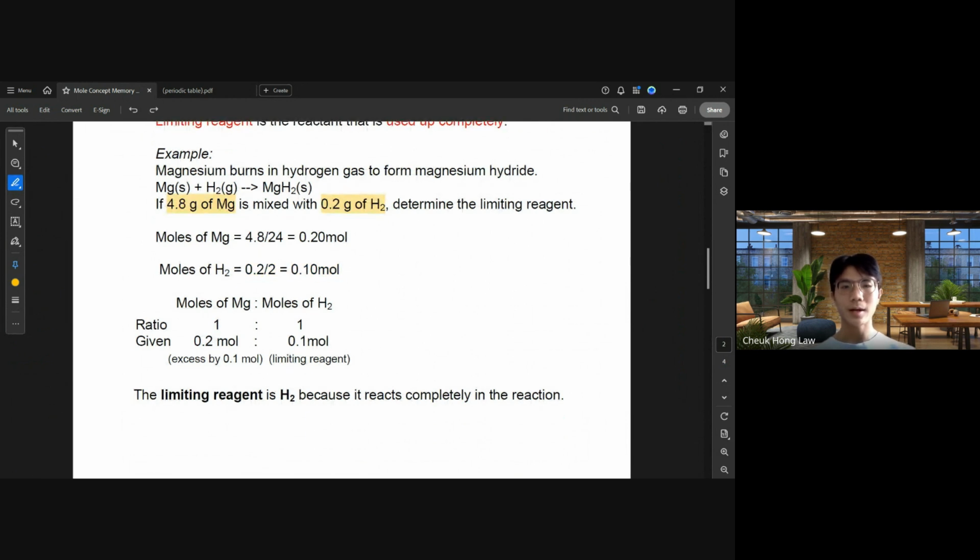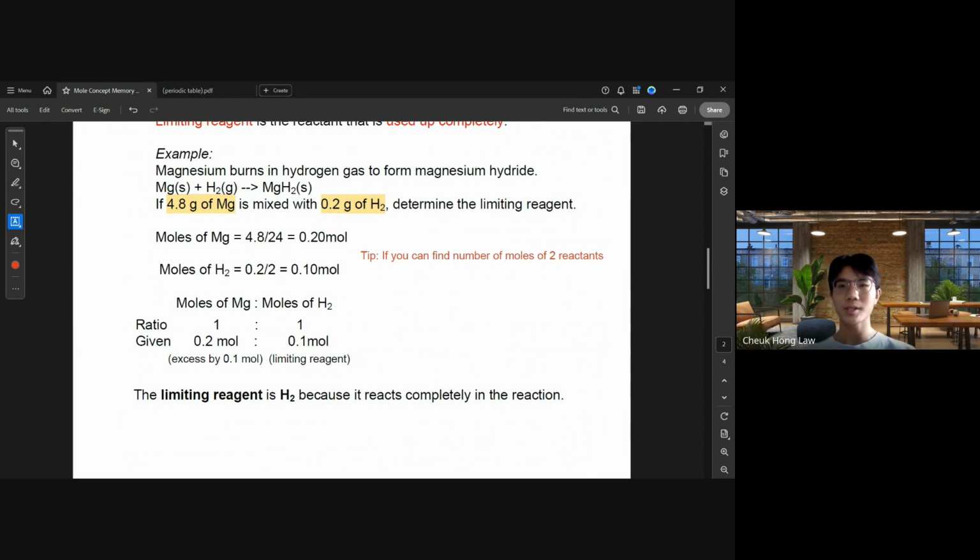Okay, so now that I found the number of moles, pro tip, let me give you a tip. If you can find the number of moles of 2 reactants, in this case magnesium and hydrogen, most likely the question is testing you on limiting reagent.